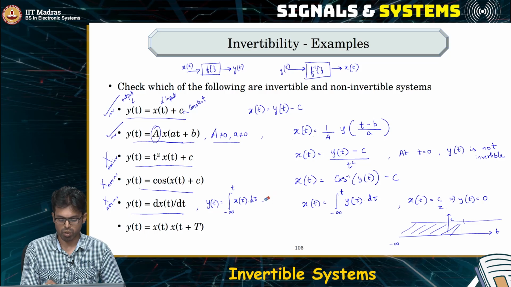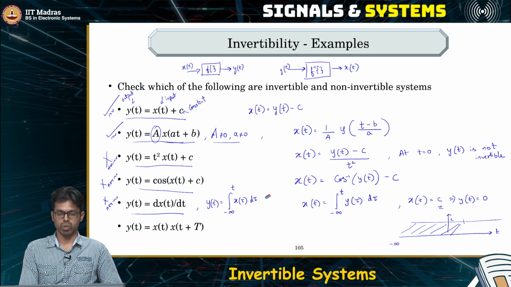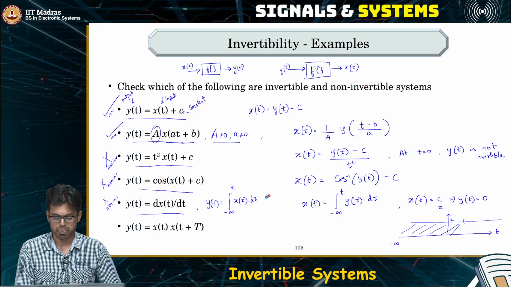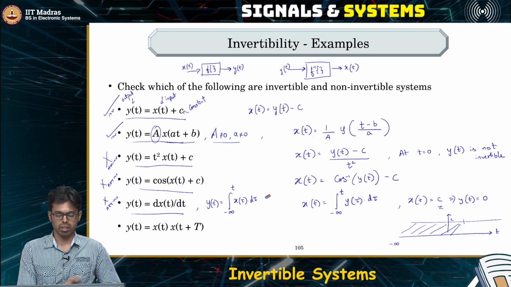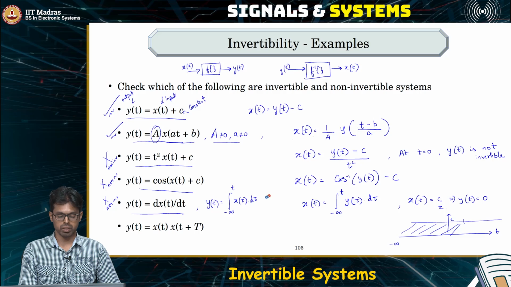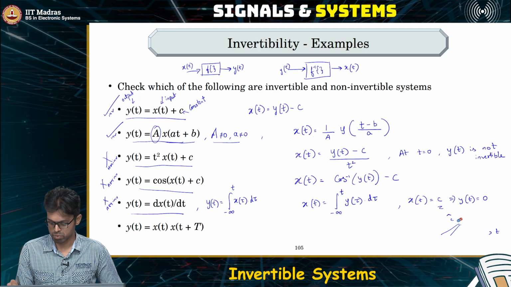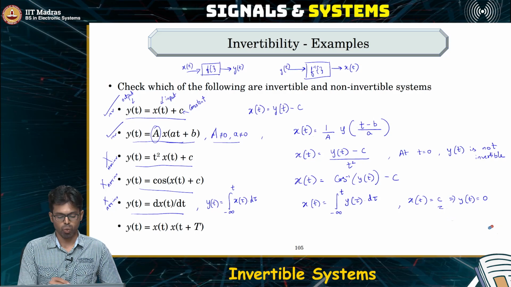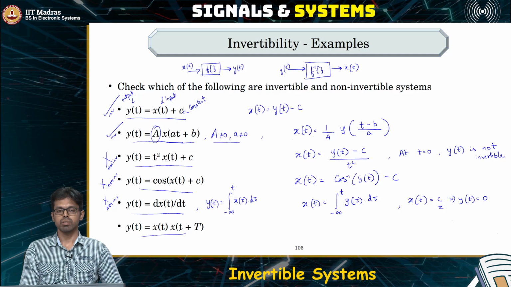Because of this reason, you will not be able to recover what the original signal was from the observed output. So this makes this entire setup, either the integrator or the differentiator, the two important systems that we discussed earlier, a non-invertible system. Okay. Now, what if you just multiply x of t with x of t plus T?